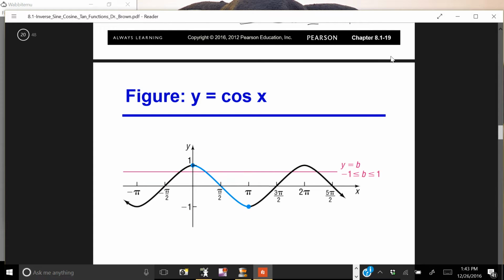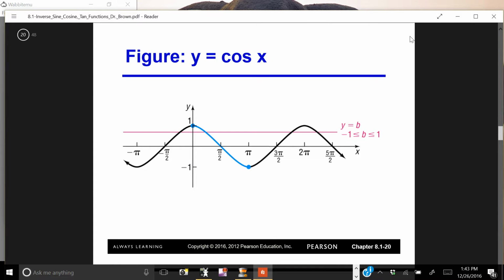Now, we're going to do the inverse cosine function. Notice that the cosine function itself does not pass a horizontal line test. So in this particular instance, we restrict the domain of x to be between 0 and pi.